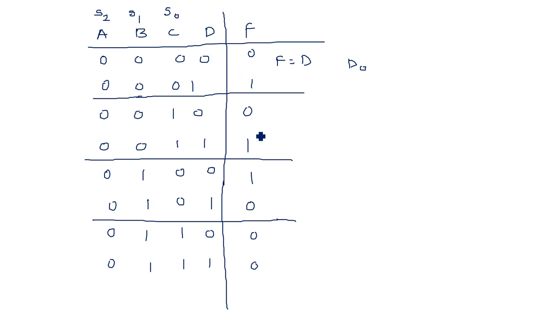F follows the D input, and here also f is equal to D. Here f is equal to D bar, the complement. Here f is equal to 0 irrespective of D.